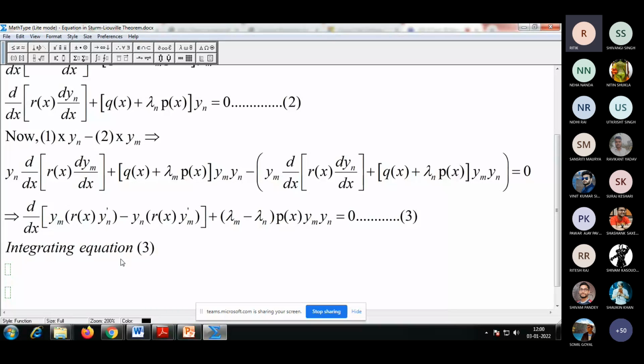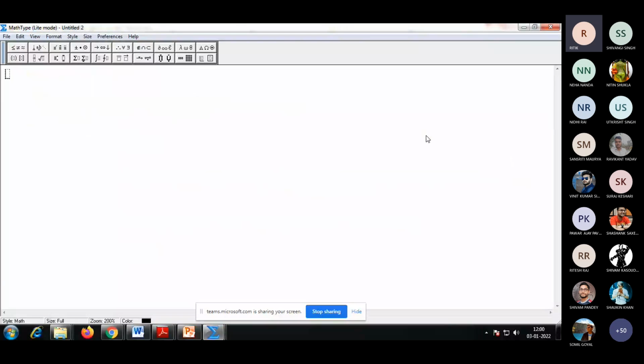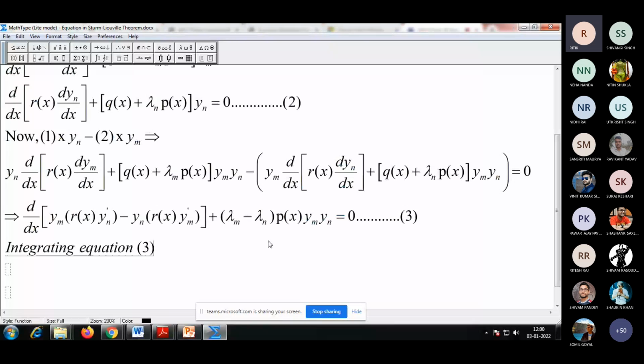It is given already that all are continuous on the closed interval [a, b]. So integrating equation 3 with respect to x from a to b, you will get the results.